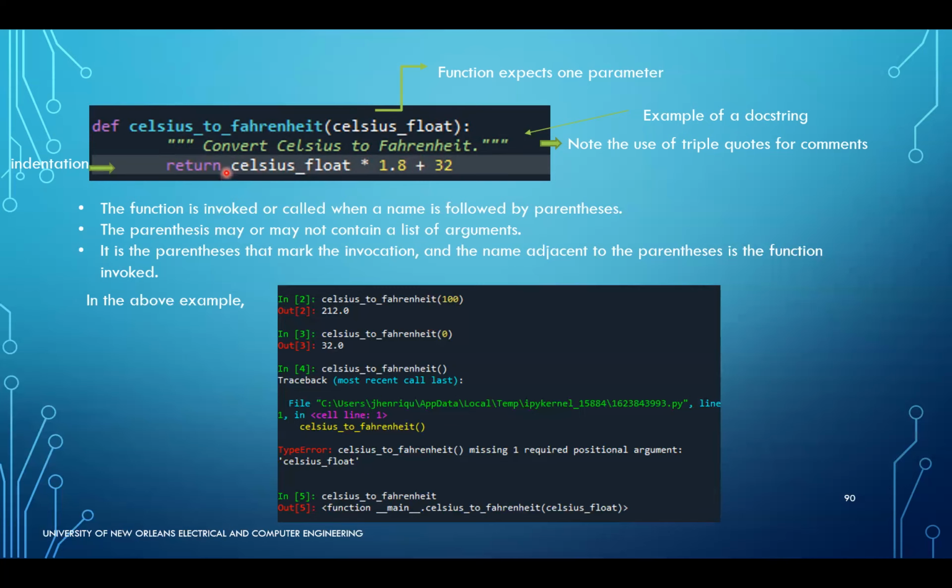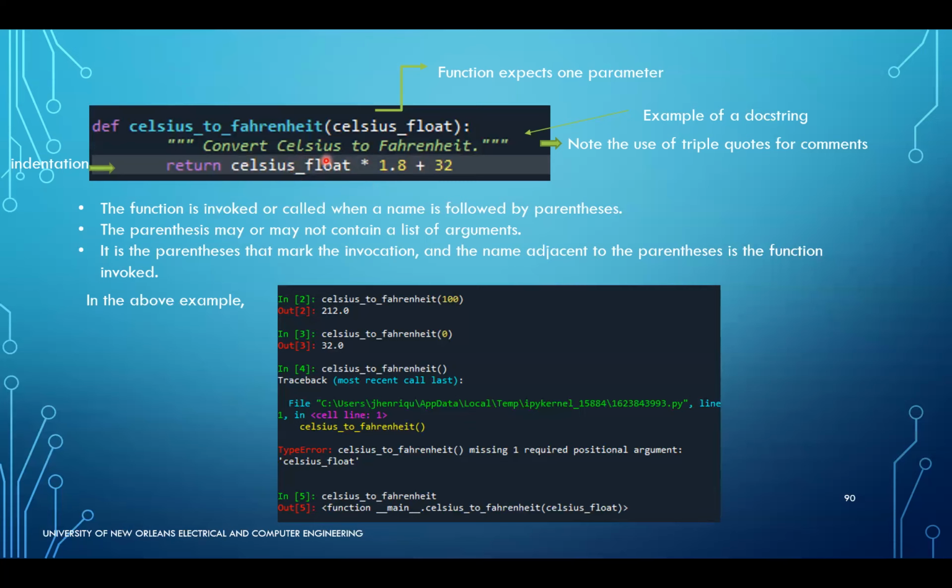So in this really simple function, all it's going to do is return a value here, right? It's going to return the value that you provide with celsius_float. It's going to multiply that value by 1.8, add 32, and return the result.